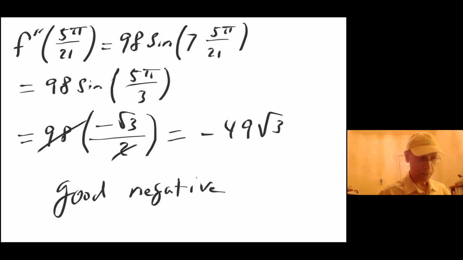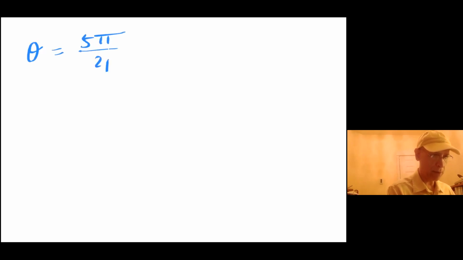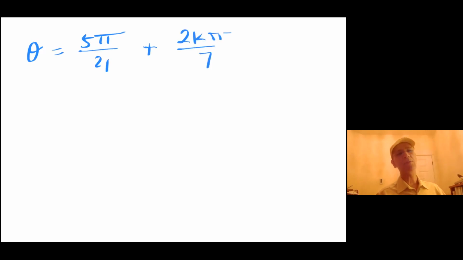Okay, let me go back to the next page. So theta equals 5 pi over 21 plus 2k pi over 7 points out all the maximums.